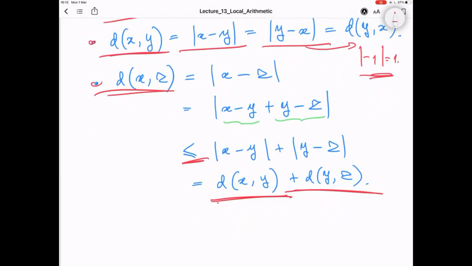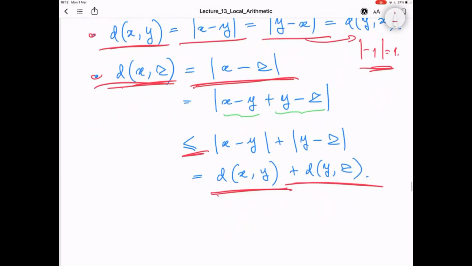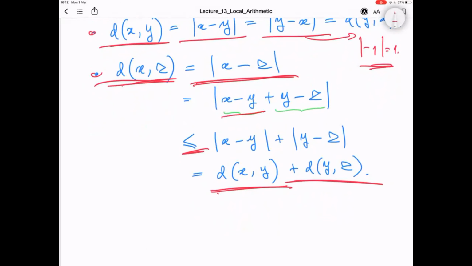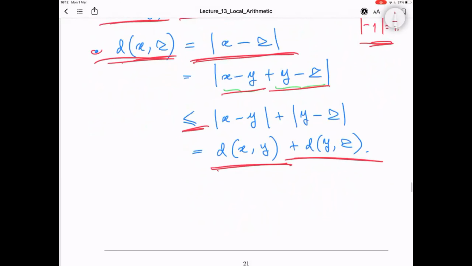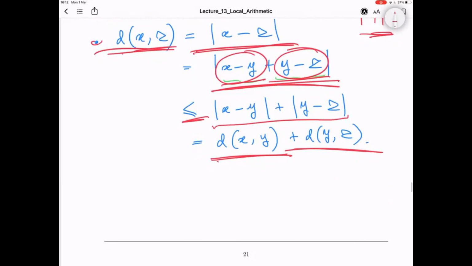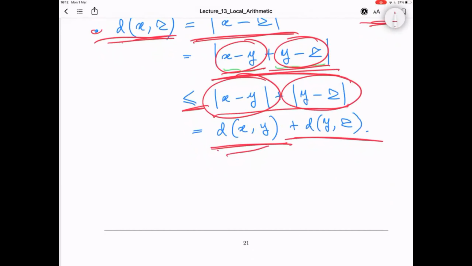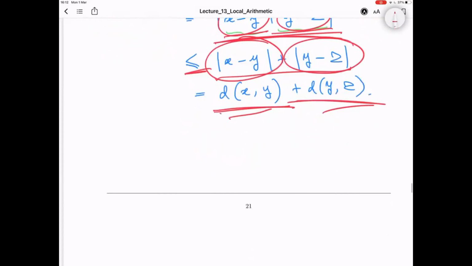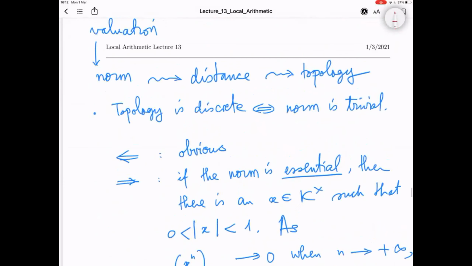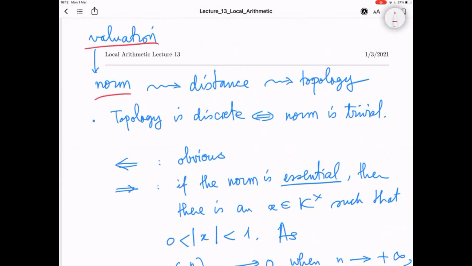By definition, the distance from X to Z is the norm of X minus Z. But I can write X minus Z as X minus Y plus Y minus Z. One of the conditions for being a norm is that the norm of the sum of these two terms is at most the sum of the norms of these two terms, and that is the distance from X to Y plus the distance from Y to Z.